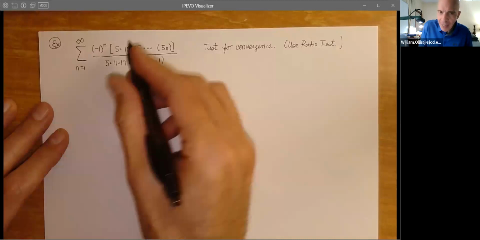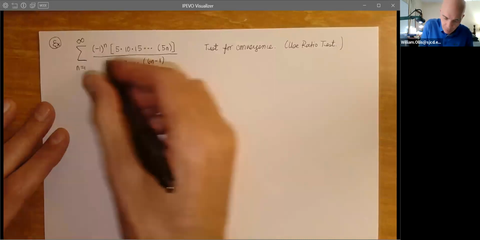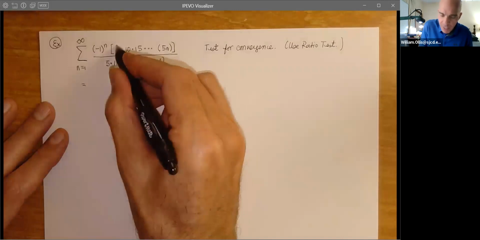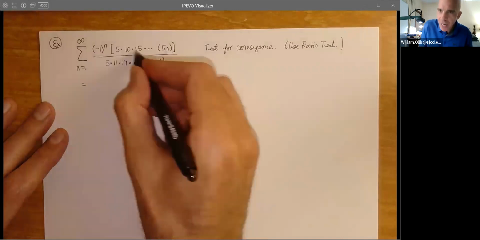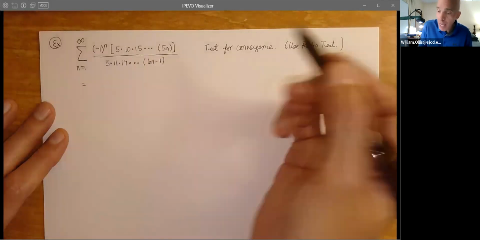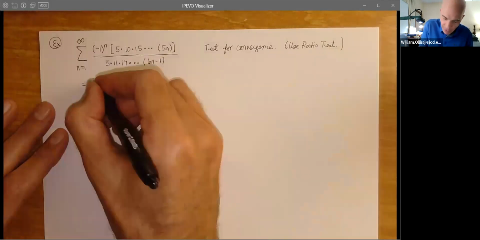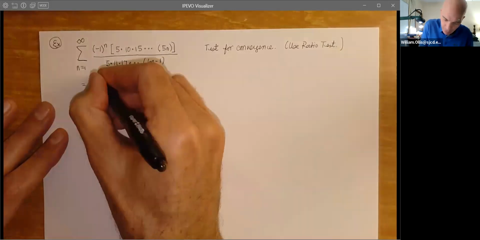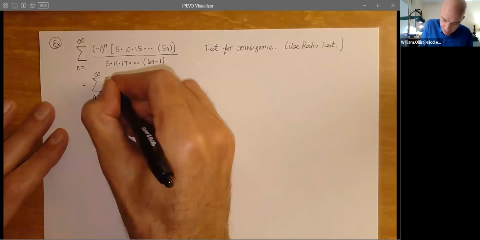Notice here, and this isn't required, there's a 5, and we start with 1, 2, 3 up to n. There's a 5, and there are n factors of 5 here. You can factor that if you want. You don't have to, but it's kind of in the way. You can leave them alone if you like, but that's kind of bugging me.